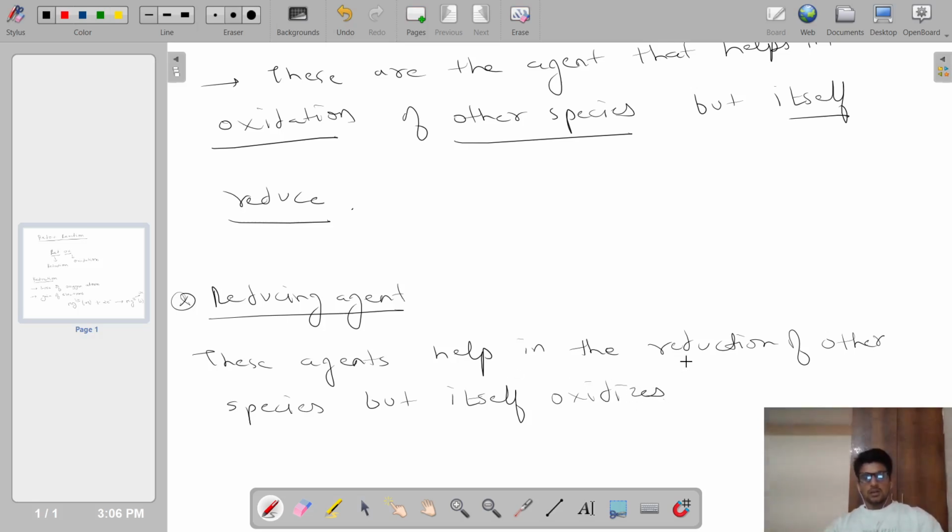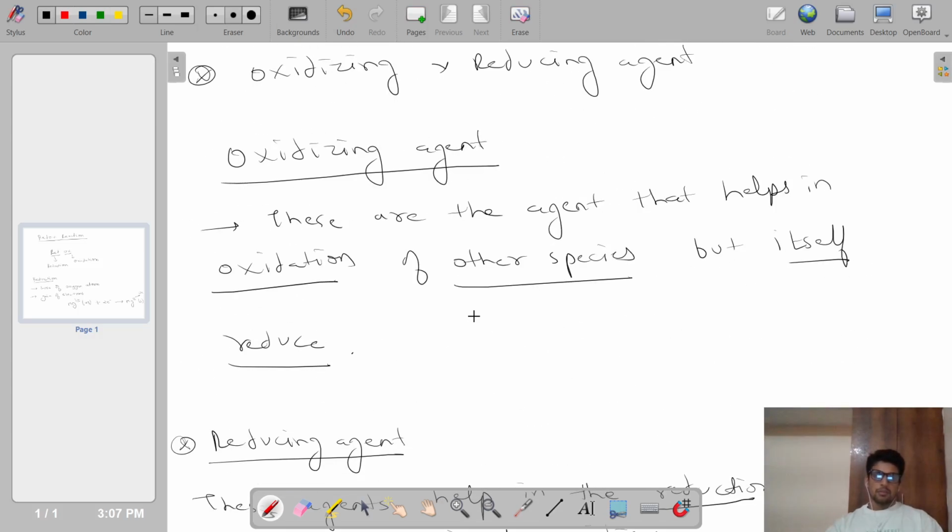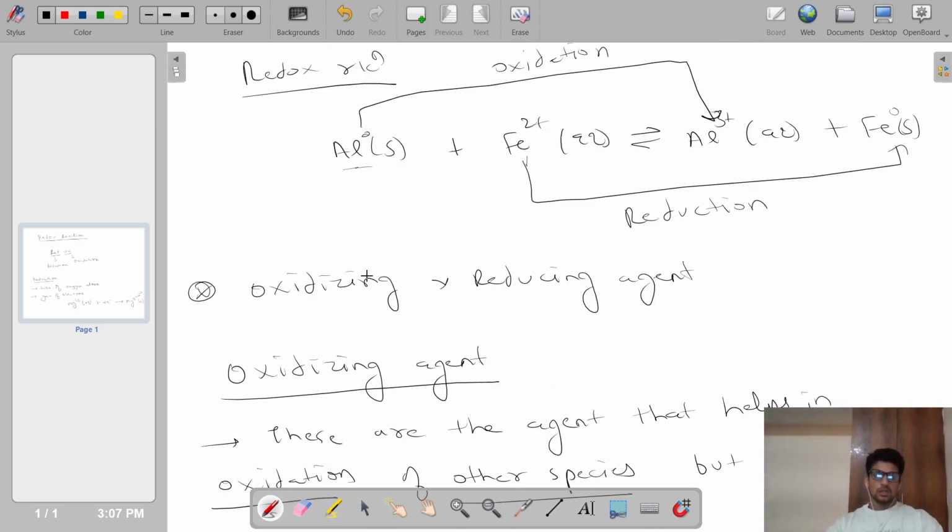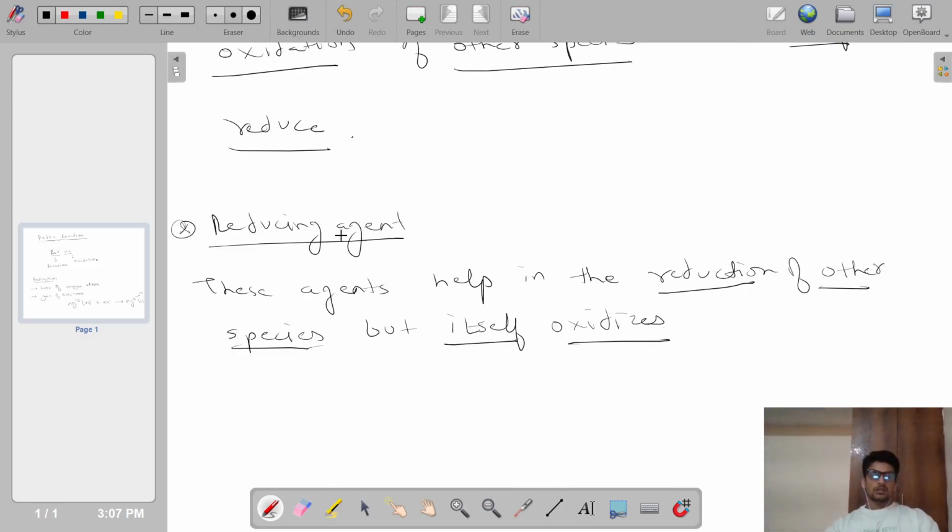Okay, reduction of other species but itself oxidizes. So if we see the example above, who is the reducing agent? Aluminum, because aluminum is itself oxidizing, going from 0 to plus 3, but it is helping in the reduction of iron, because iron is going from plus 2 to 0. Yeah, it gets confusing. Reducing agent means it helps in reduction of others but itself oxidizes.